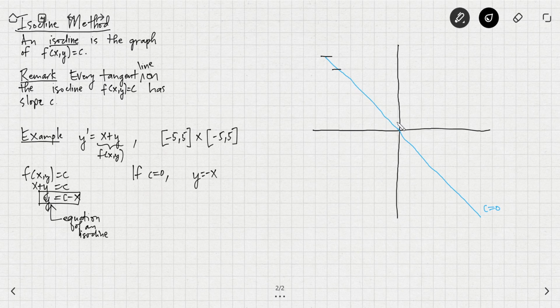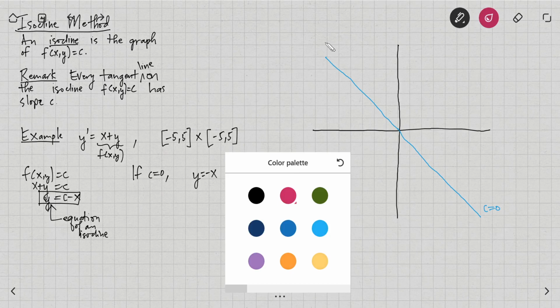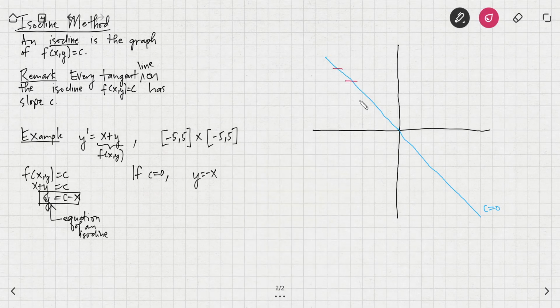You know what? Maybe I'll use a different color since black yung axis natin. I'll use red.